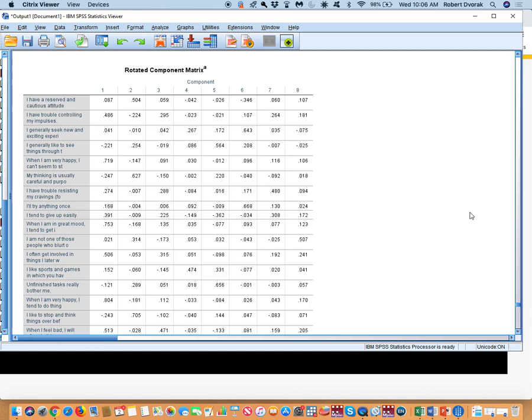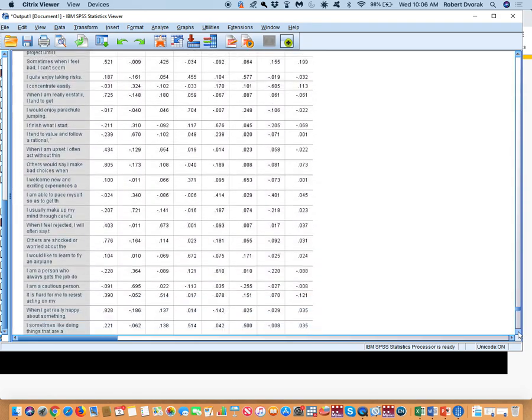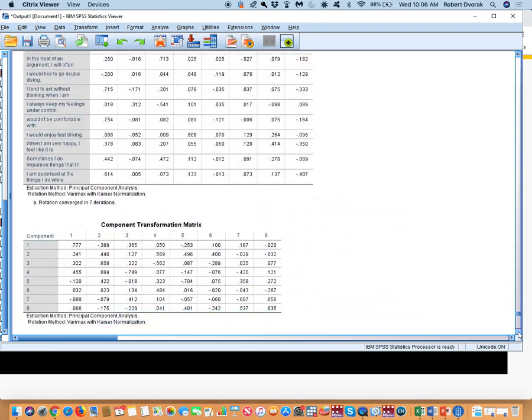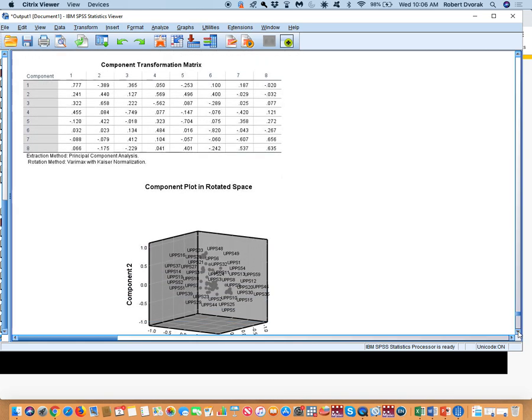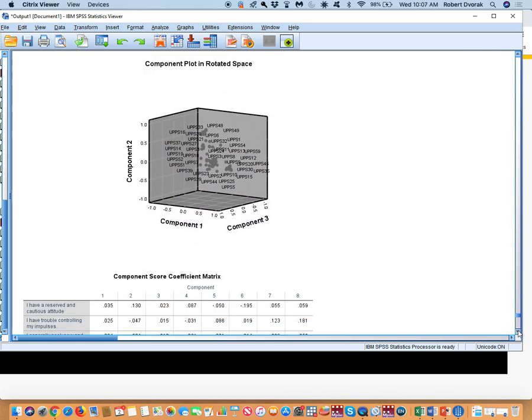So anyway, all right. Let's keep scrolling down here. Component transformation matrix, you don't need to worry about. Component plots in space. Again, this actually is important if you only have 3 components, or especially if you only have 2 components.